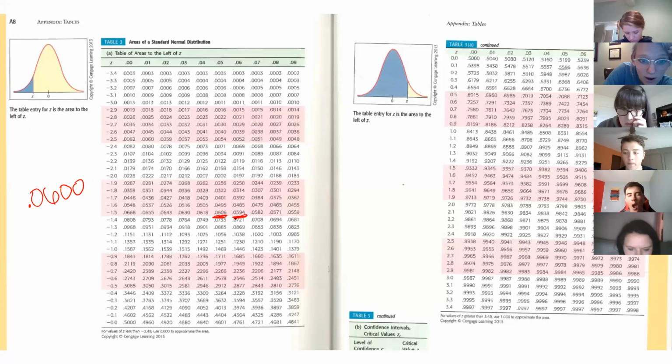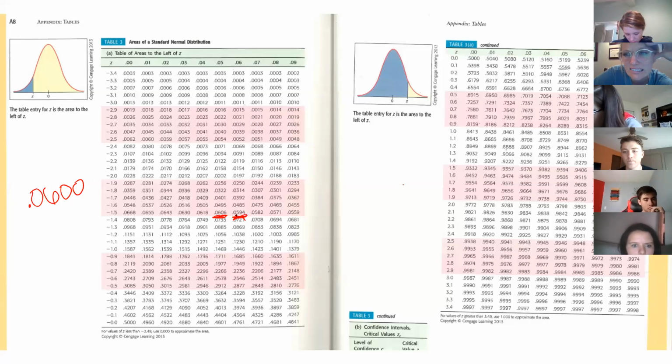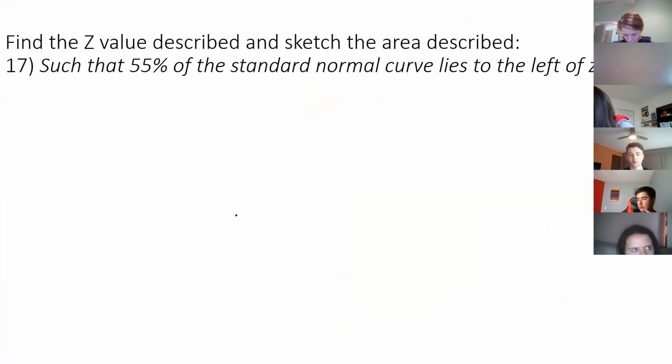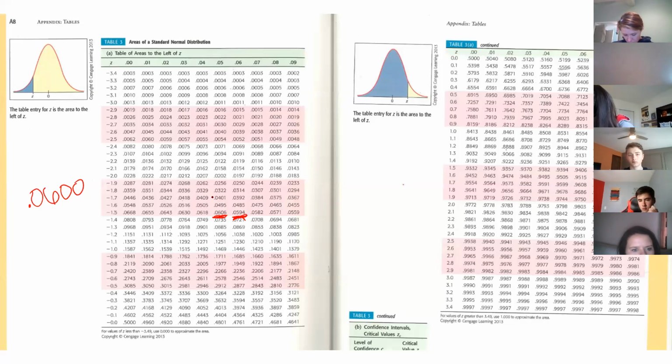Lindsay, why are you adding a 5 there? Because it's perfectly in between 0.05 and 0.06. And how do you know that it's perfectly in between?